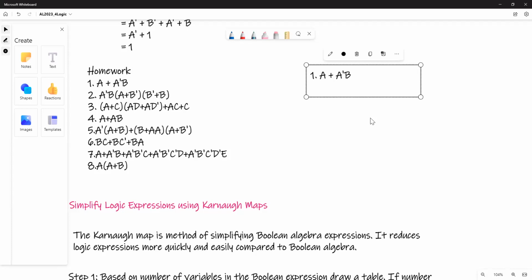From the redundancy law, we can directly say this is equal to A plus B, isn't it?